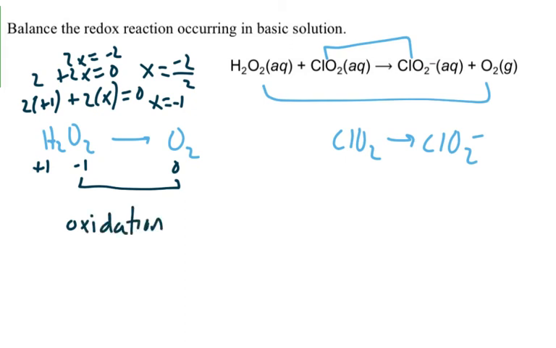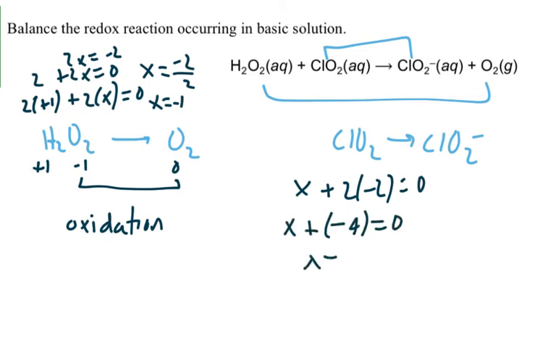It's becoming more positive. So this is going to be your oxidation half reaction. And then on this side, we'll call chlorine X. There are 2 oxygens. Each oxygen is -2, equal to 0. So X plus -4 is equal to 0. X would be equal to 4. So here chlorine is +4, oxygen is -2. And then over here, we'll call this X. There are 2 oxygens, but we're going to equal it to -1.